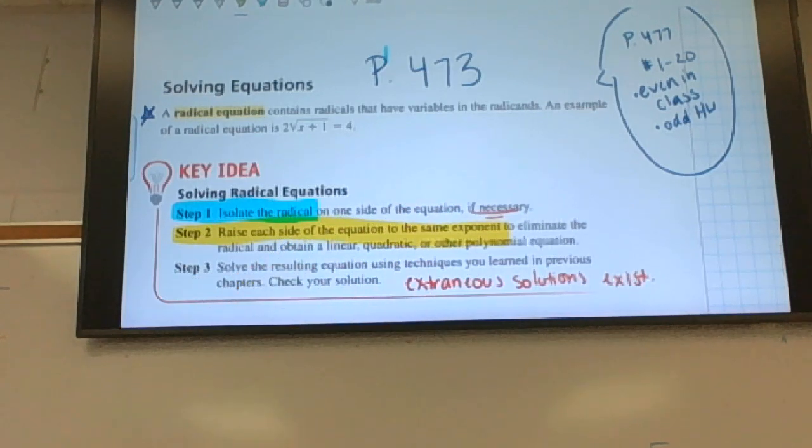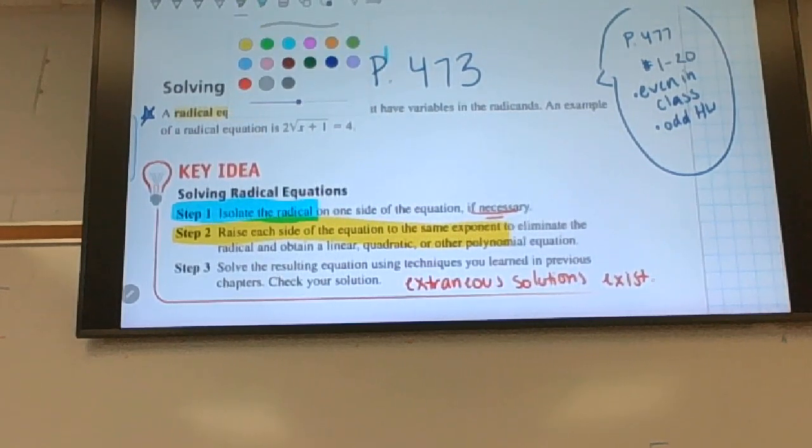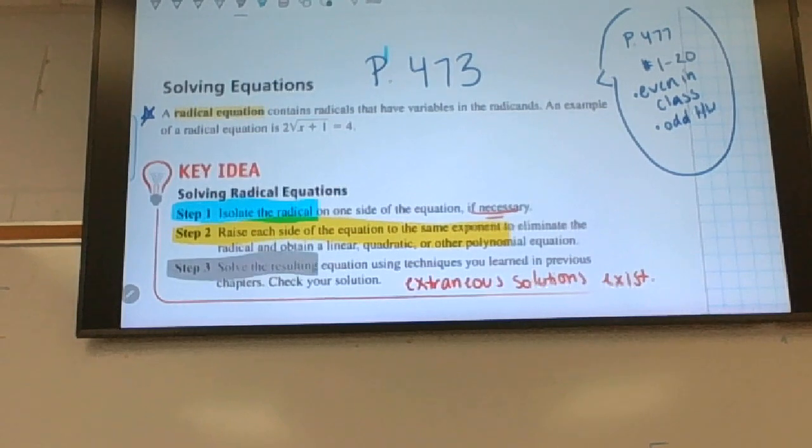So sometimes you're going to have to factor it. You'll have to use some other polynomial method of solving. Sometimes they'll be very basic linear equations. So whatever's left, solve using any techniques that we've used so far.